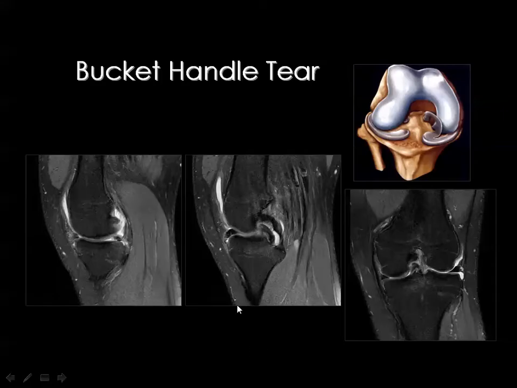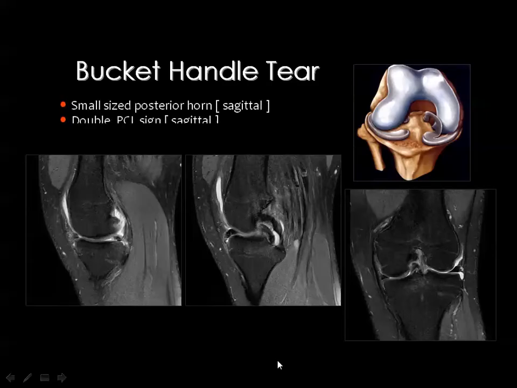And you can confirm your diagnosis by looking at the coronal image. In the coronal image, you see the medial meniscus. Part of the meniscus is present at the periphery, this one, and part of the meniscus is displaced in the intercondylar notch below the posterior cruciate ligament.